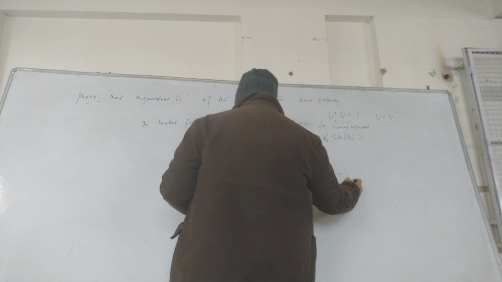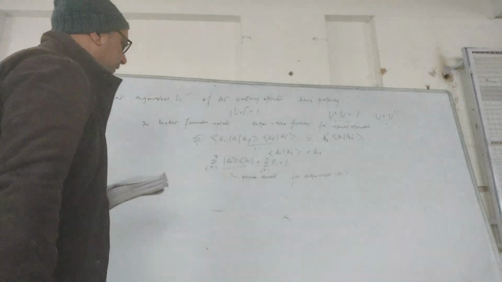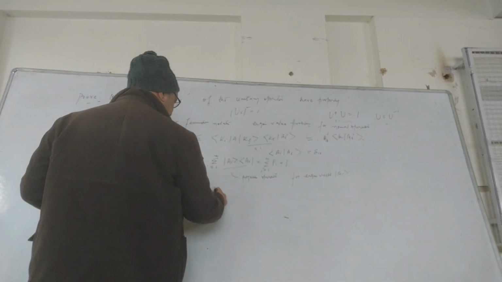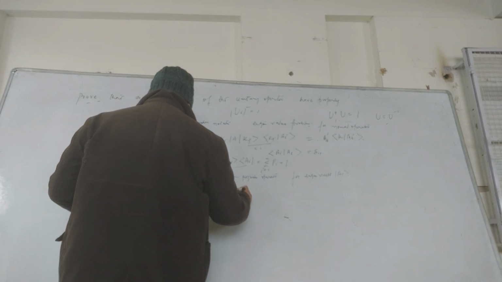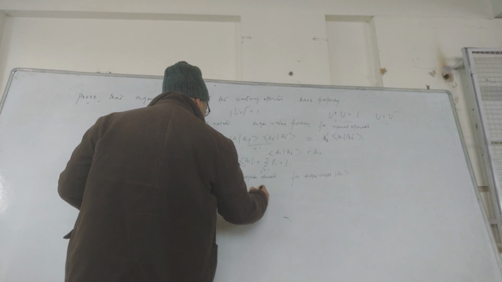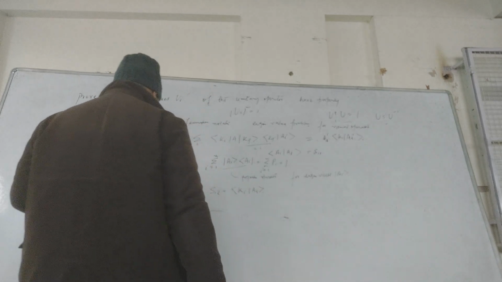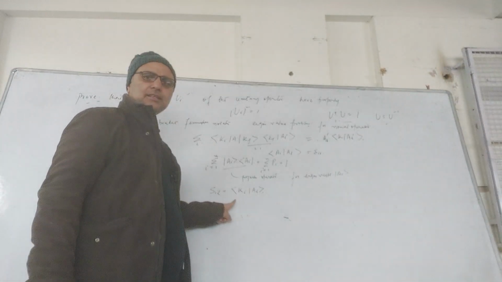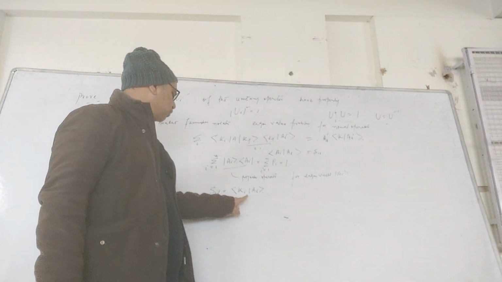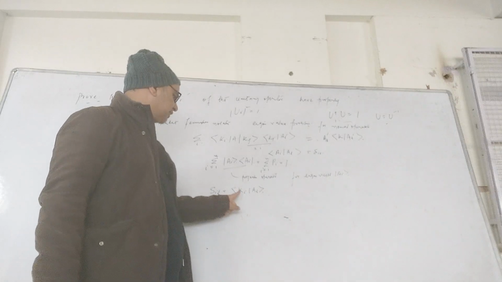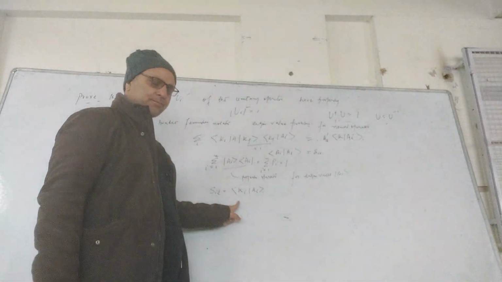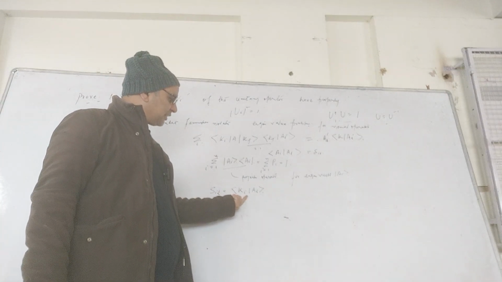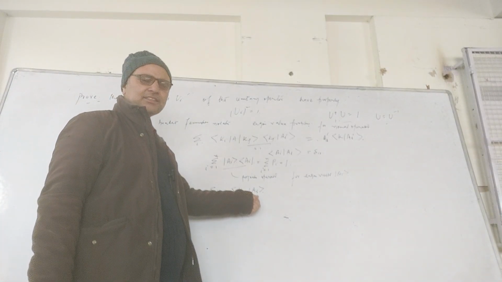A transformation matrix S with matrix elements can also be defined as S il, with al. So a transformation matrix can also be written in terms of this bra-ket notation. Here you can see there are two indices, i and l. The bra has one index, the ket has another index.